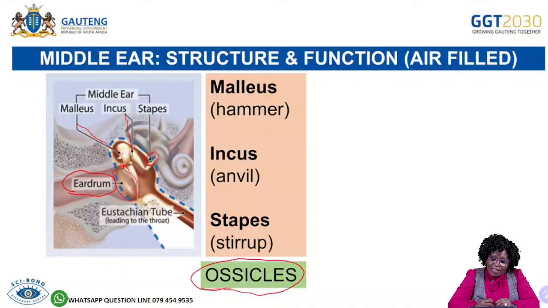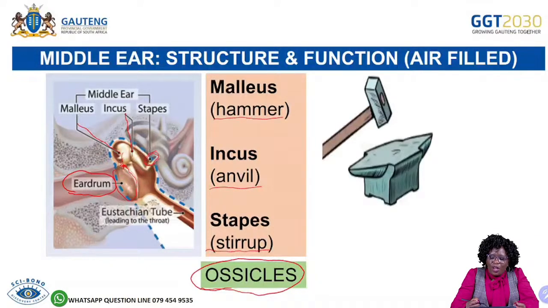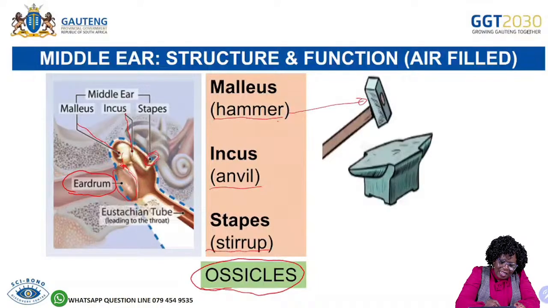Something interesting. You know, in the past learners would speak about the hammer, the anvil, and the stirrup. But just check this out. So in other words, hammer, just in your mind, think of the shape of the hammer. If you come here and check the structure of the malleus, that is more like a hammer.